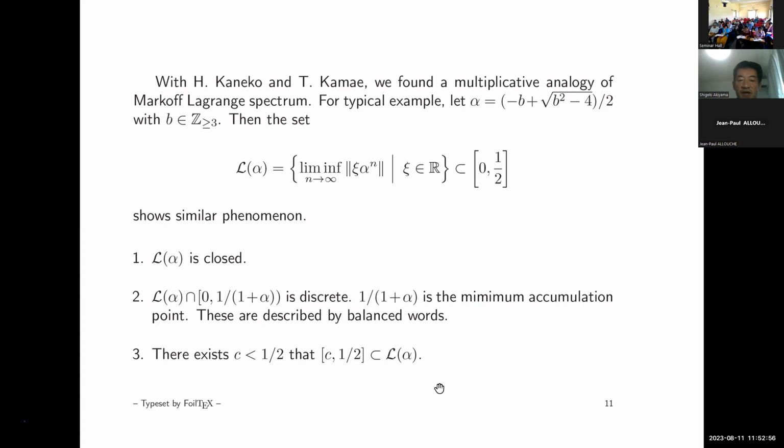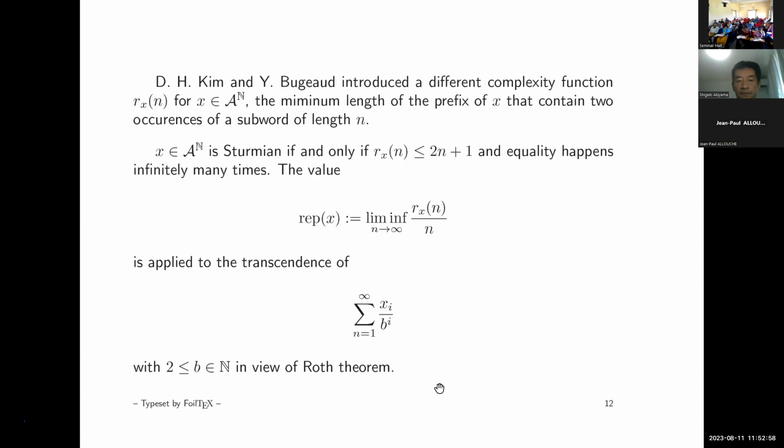Okay, so the next example that I want to show you is very close to the topic of this meeting. Dong-Han Kim and Yann Bugeaud introduced a different complexity function than p of n, the factor complexity that I used to define the Sturmian sequence.